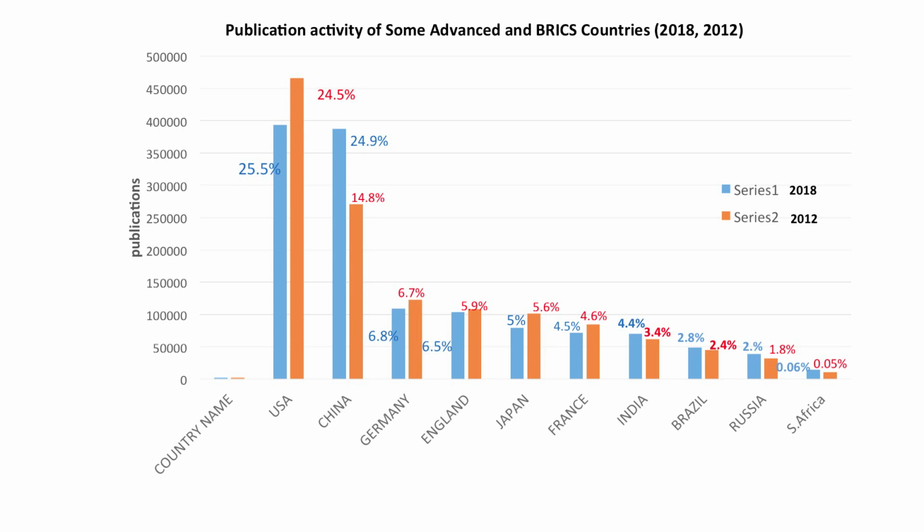Publication activity of some advanced and BRIC countries tells you further on the output, as I was telling you, how China has become very close to USA in terms of publication share. China is now contributing 24.9% of the global publication share and USA is 25.5%.